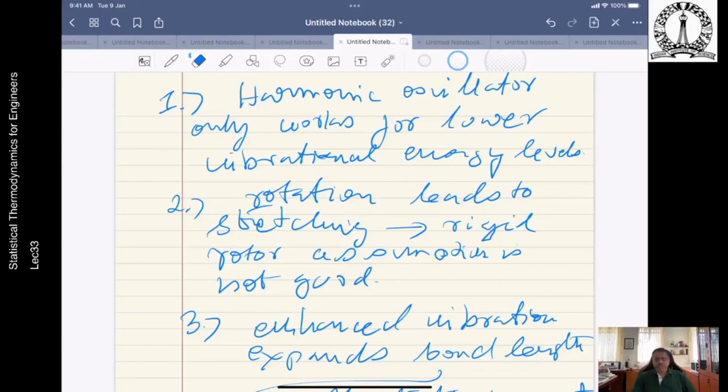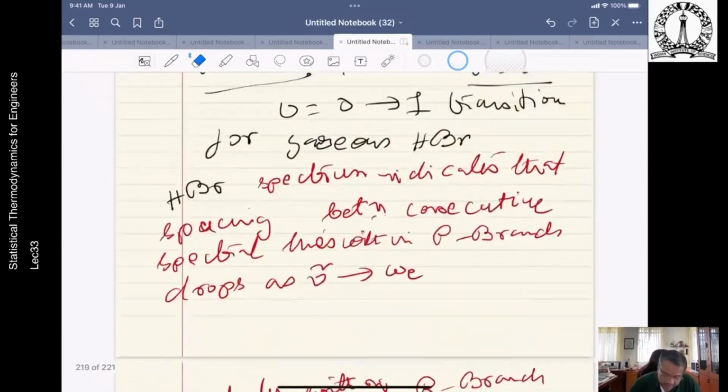Welcome to lecture number 33. So this time, as we say, the simplex model is useful, but it cannot really predict the difference in the line spacing in the spectrum, as we saw in this particular diagram.